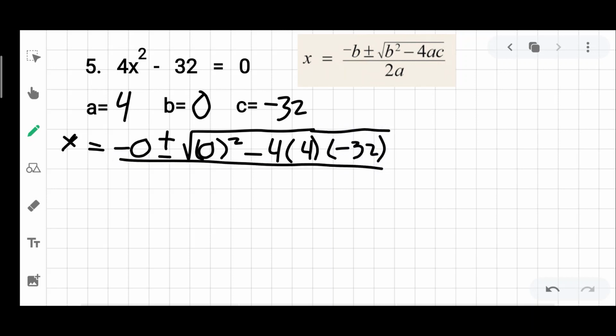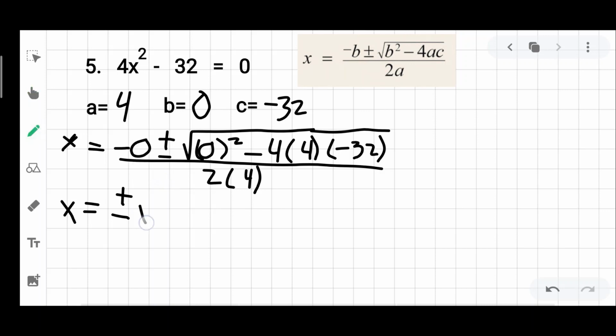All over 2a, yung a natin is 4. So, solve ang x equals, since negative 0 na to, hindi na natin siya kailangan pang isulat. Sa plus or minus na tayo agad. Bakit? Kasi 0 na lang siya eh.